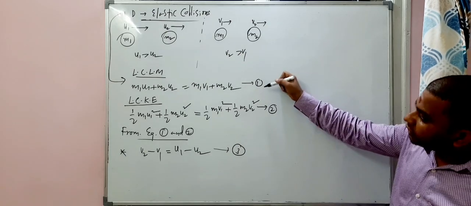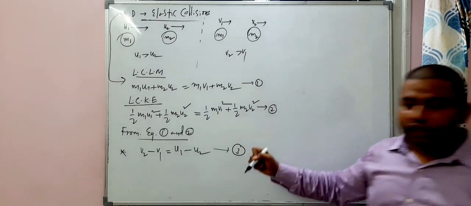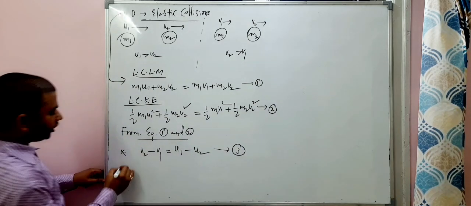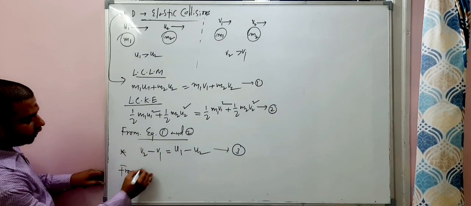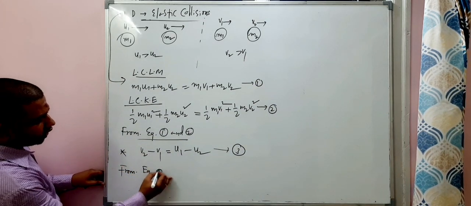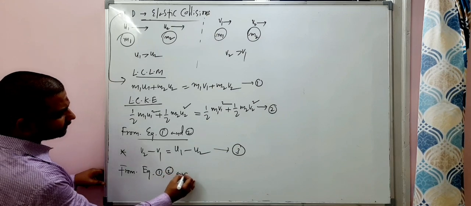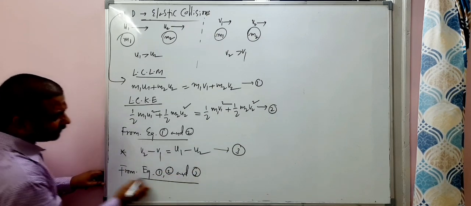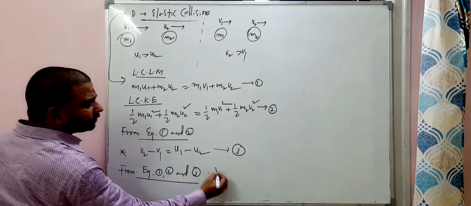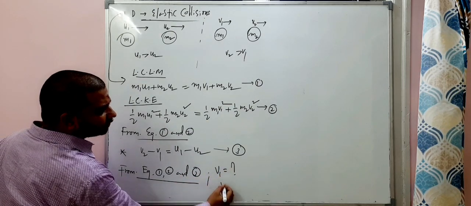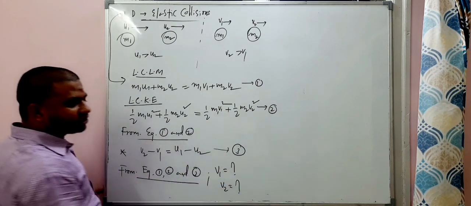From equations 1, 2 and 3, we get the final velocity of the bodies after the collision.